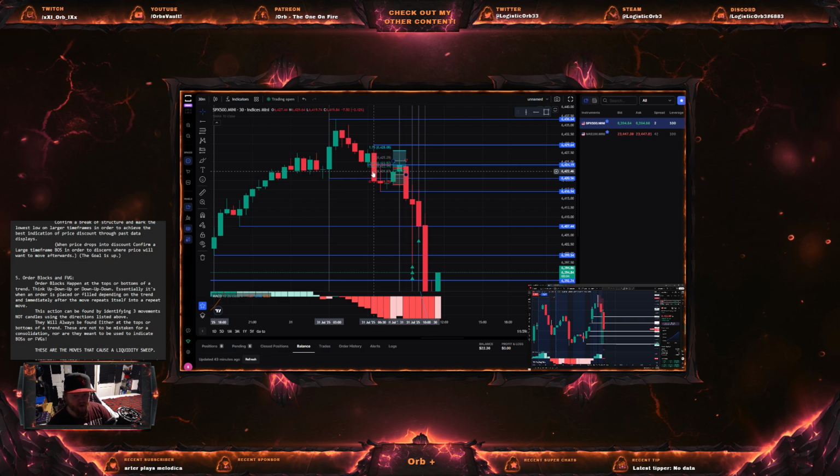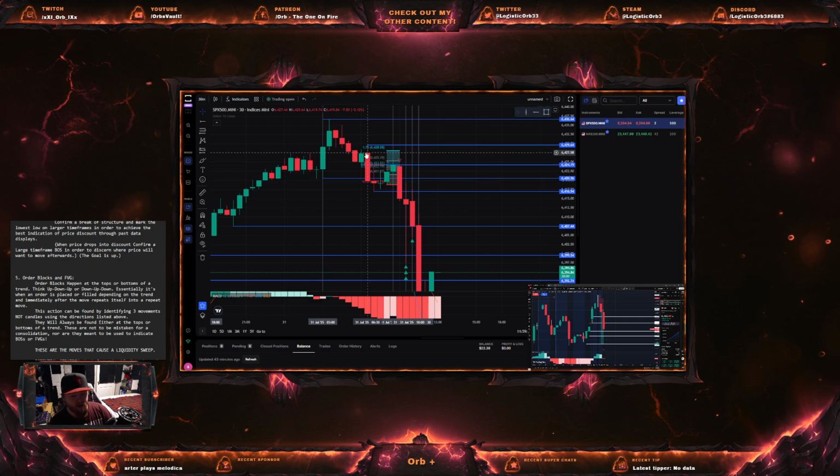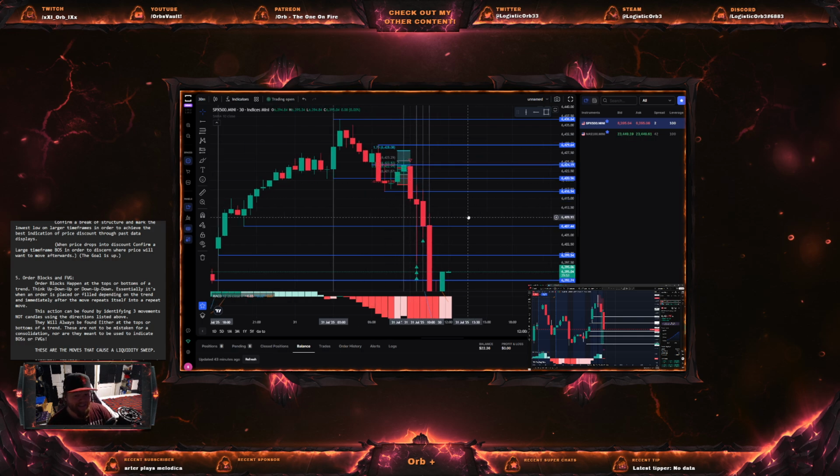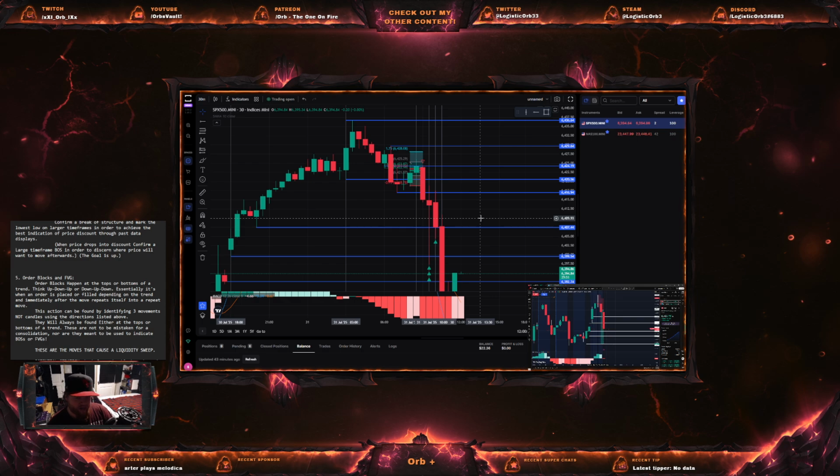Because this was the break of structure on the 30-minute, we had a small secondary order block that price could have come up, manipulated against, and closed below and continued lower. That is literally what happened today, okay? We saw it come back up, manipulate not one, but two order blocks. One order block here, because it closed within this range, and then two order blocks from here.